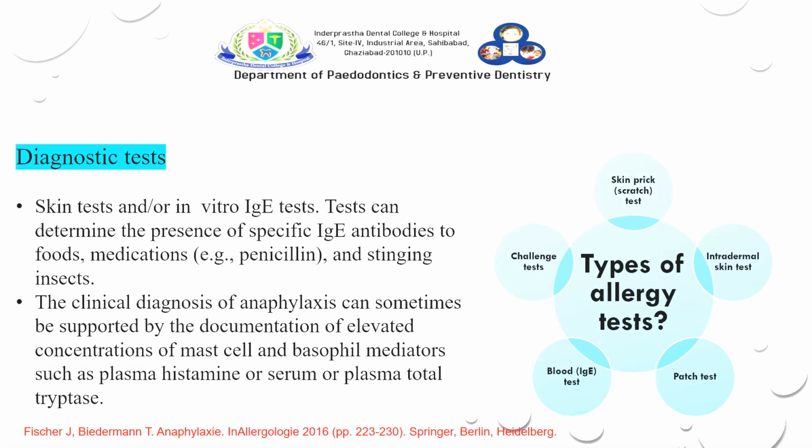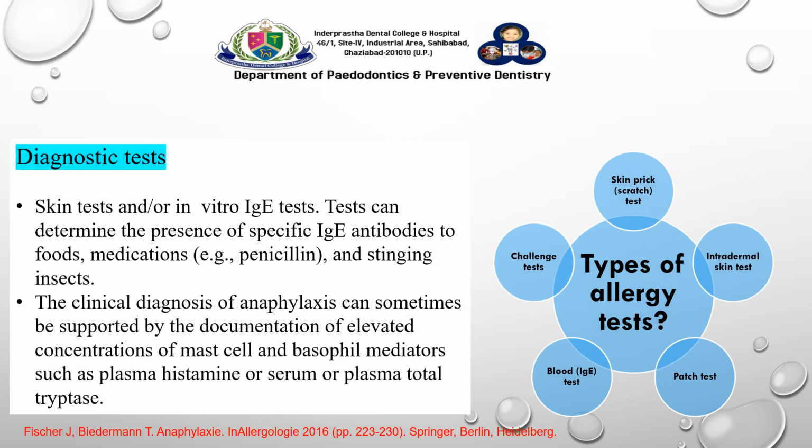Now, common diagnostic tests are skin tests like the in vitro IgE test, which can determine the presence of specific IgE antibody in food or medication and stinging insects. Clinical diagnosis of anaphylaxis can be supported by the documentation of elevated concentration of mast cells and basophil mediators like plasma histamine or serum or plasma total tryptase.